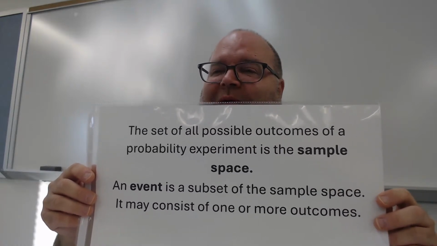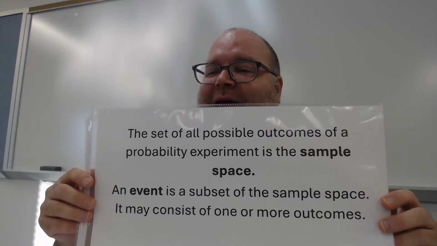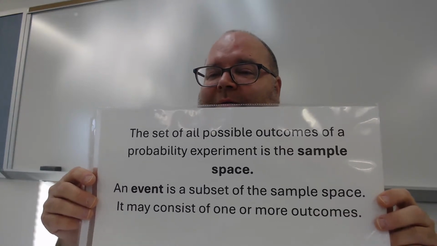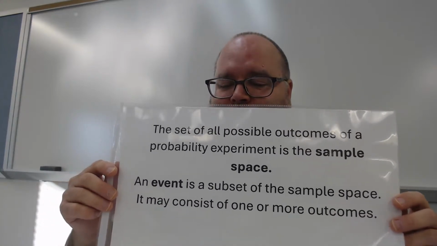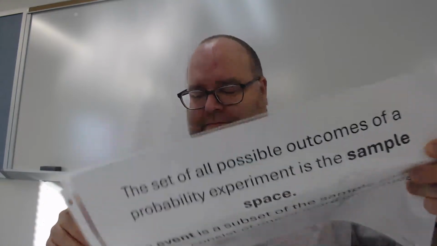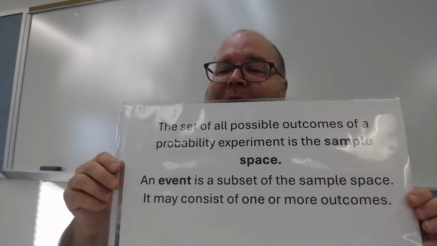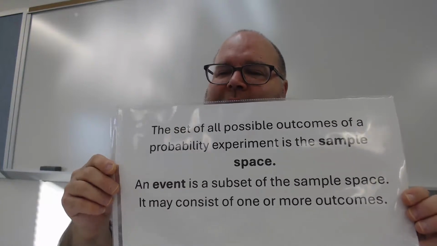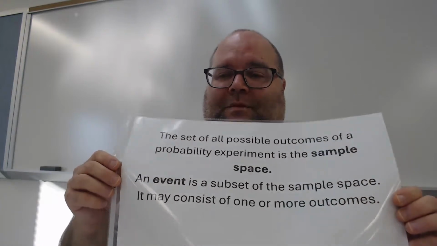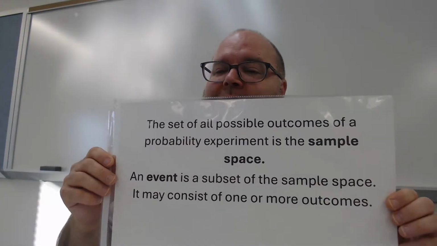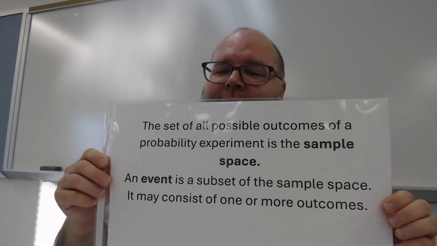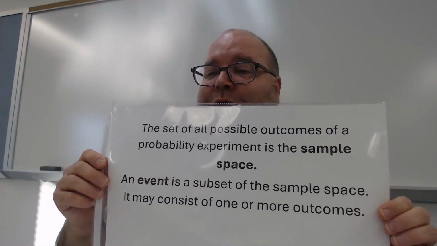So a sample space is anything that can happen in a probability experiment, whereas an event is some grouping of those that carry with us one or more of our outcomes.